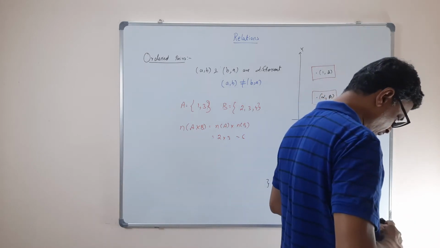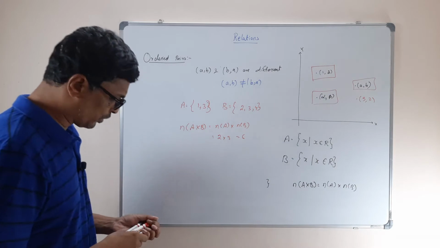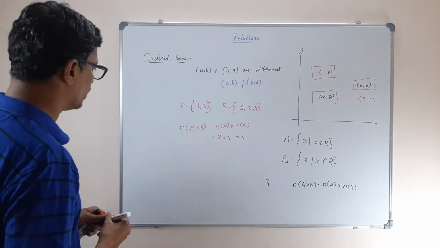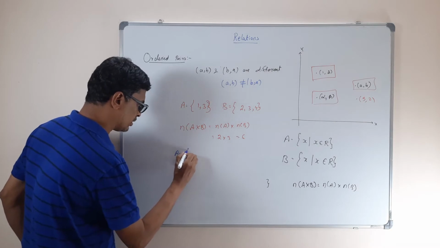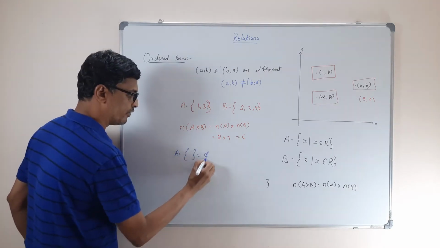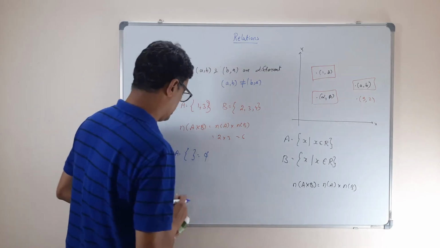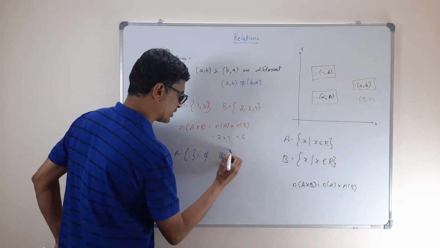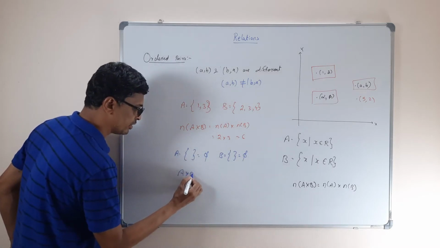Now, can you tell me, suppose A is a null set, phi, and B is also a null set. Can you tell me what is A cross B?